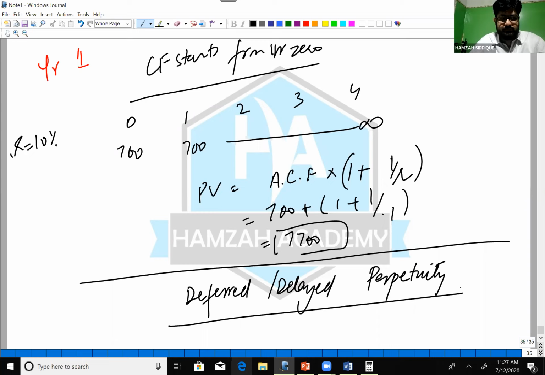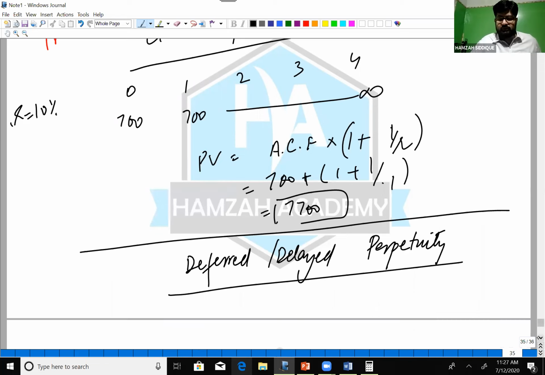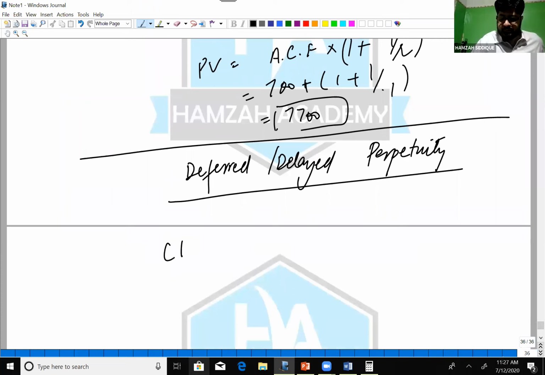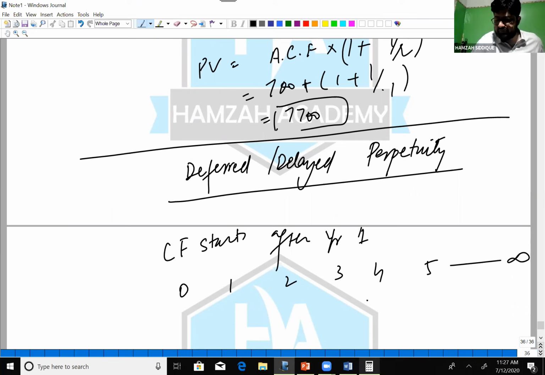Now, again, where cash flow starts after year 1. So for example, make it from year 3.